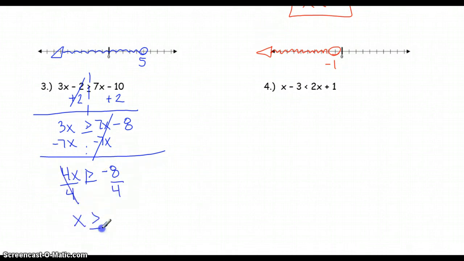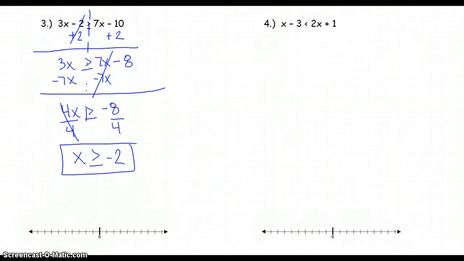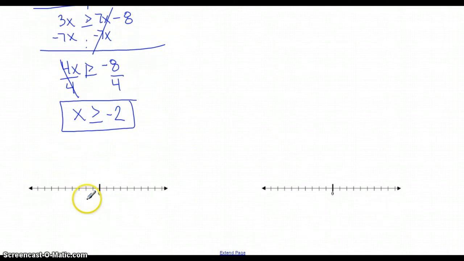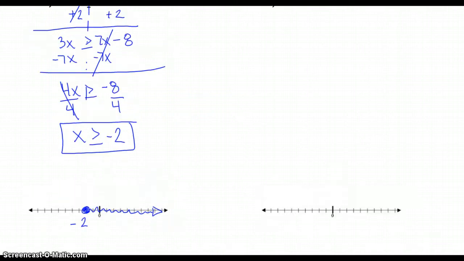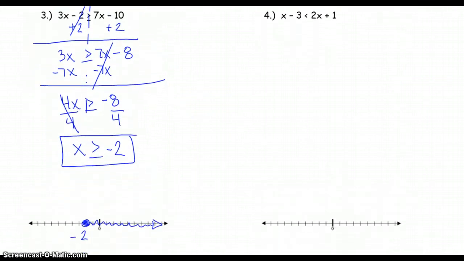X is greater than or equal to negative 8 divided by 4, which is negative 2. So our answer is x is greater than or equal to negative 2. And if we graph that, negative 2 is right here. We have a closed dot, and we want to represent numbers that are greater than or equal to negative 2.